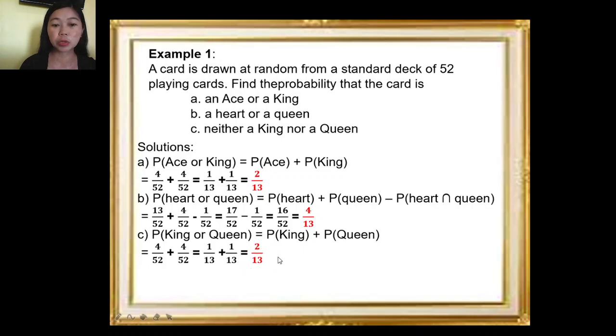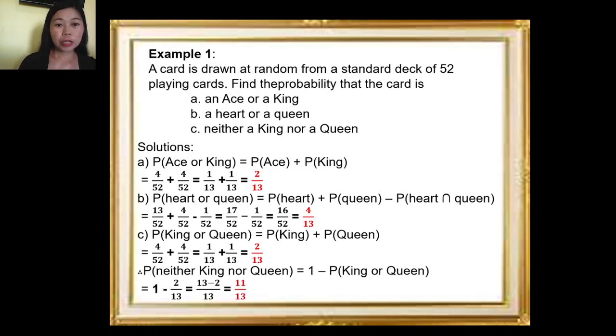Magre-resolve pa rin tayo sa 2 over 13. So, walang problema dun. Same answer lang. Now, yung tanong na neither king nor queen, so yun yung purpose kung bakit kinuha muna natin yung probability of king or queen. Kasi yun yung pang-subtract natin.